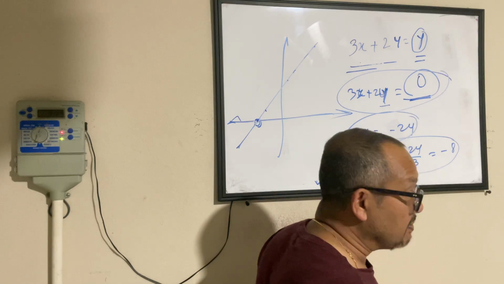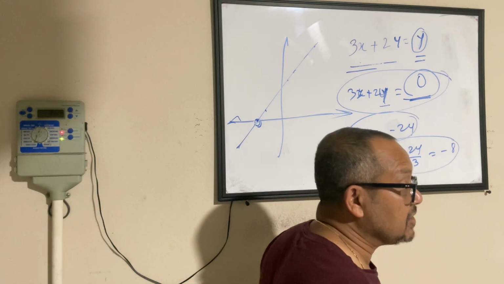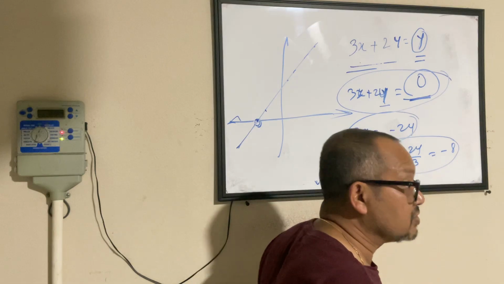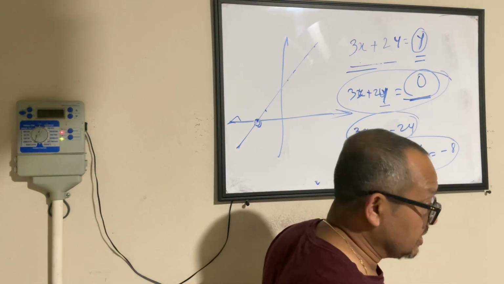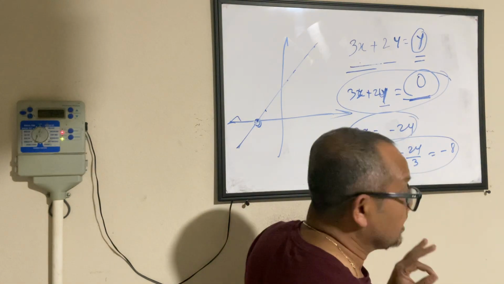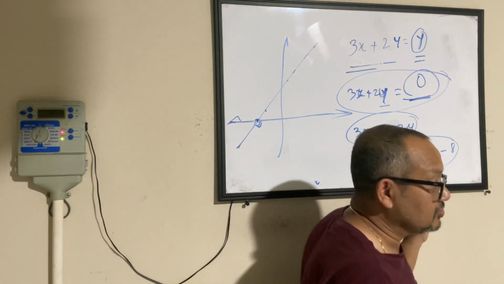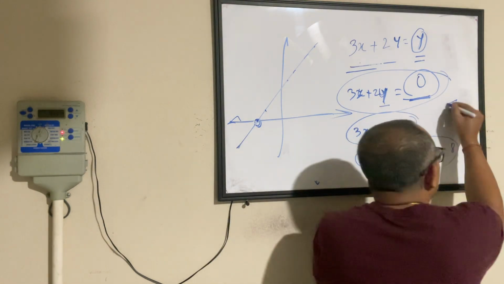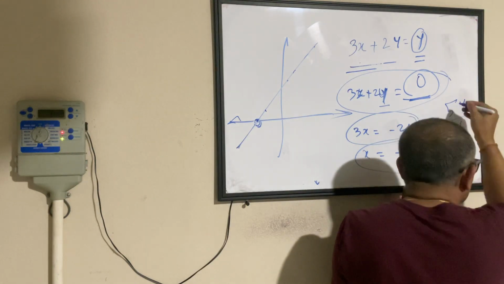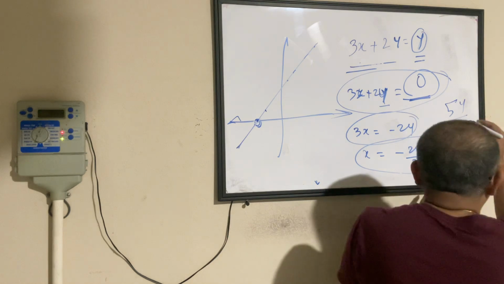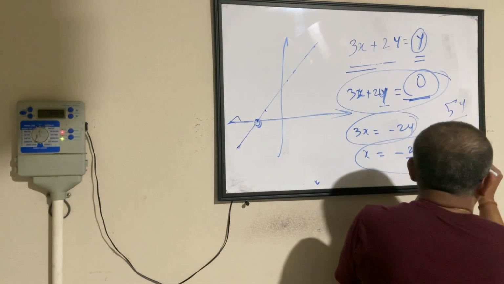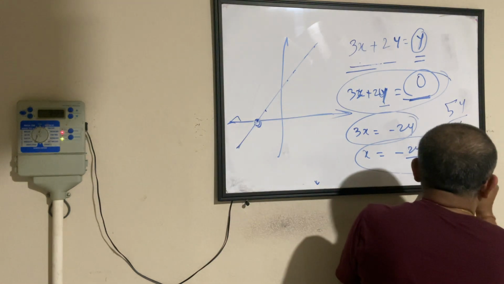If you keep complicating the problems, I can guarantee you will end up making mistakes for no good reason. Look at ways to simplify things, not to complicate things. That's the basic of math. That's why I do tic-tac-toe. If I have 54 by 16, I don't like it because this is not a number I want to deal with. I want to make it simple. So this will make it 27 into 2 divided by 8 into 2.